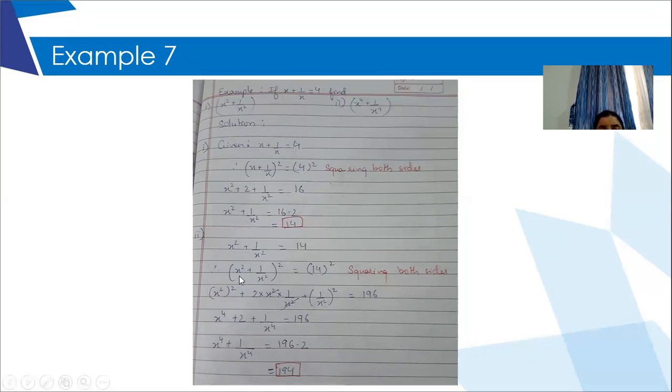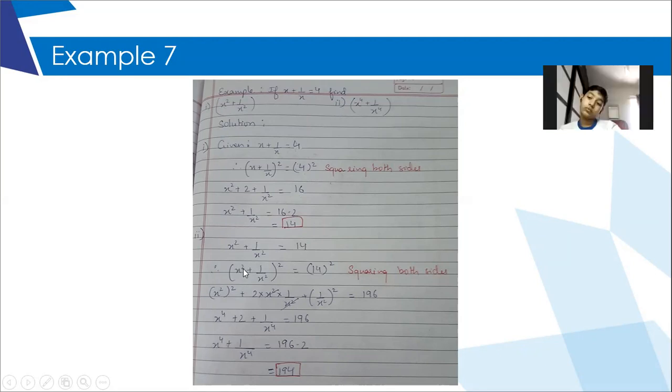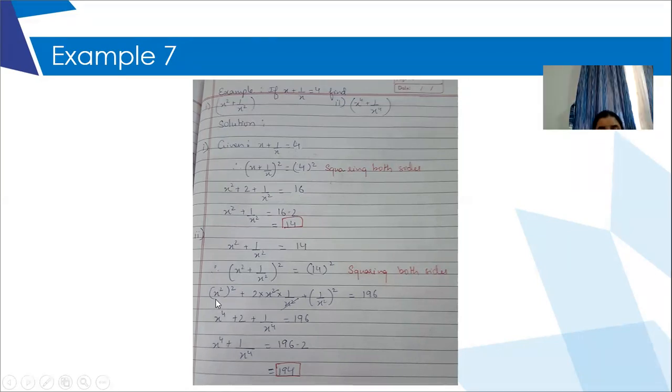What is the identity? a plus b whole square. Here your a is x square. So a square plus 2 into a into b plus b square. Remember that basic identity which you have learnt in class 8, the first identity, a plus b whole square.